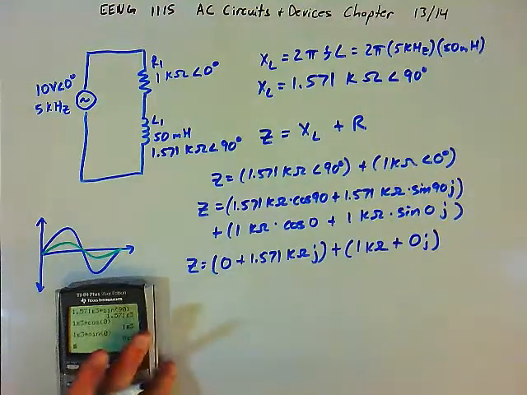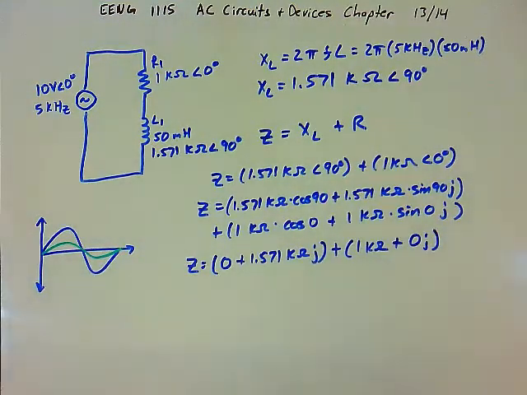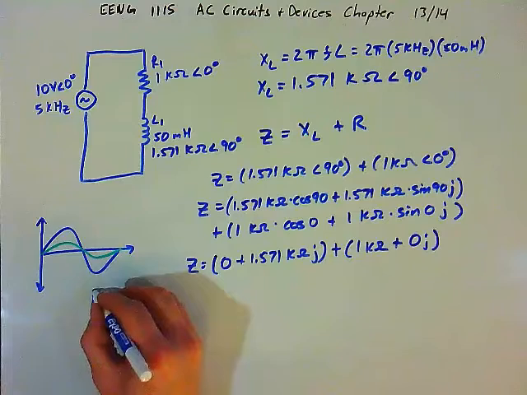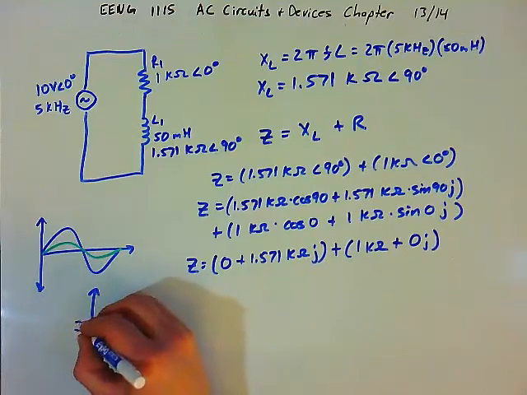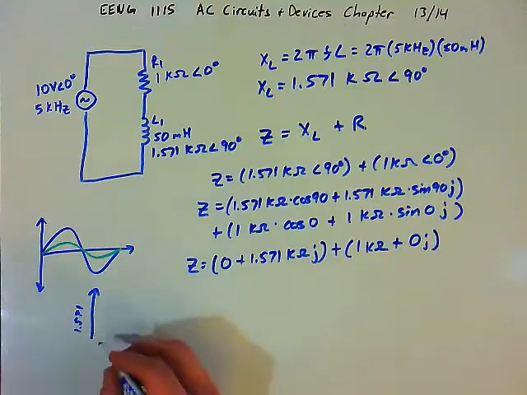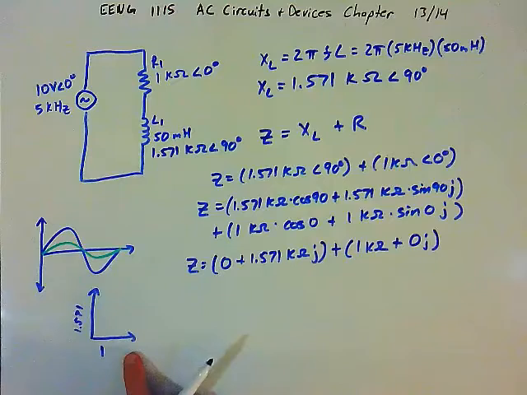And so this makes a lot of sense, because if you were to look at these two vectors, we have 1.571 kilo ohms at 90 degrees, and we have 1 kilo ohm at 0 degrees. Well, the x component of this vector is 1, and there's no y component because it's straight to the right.